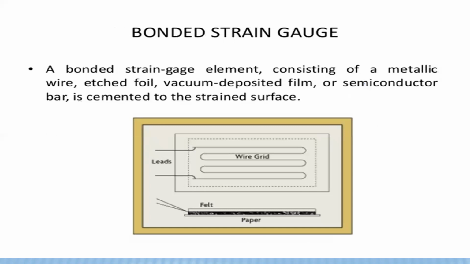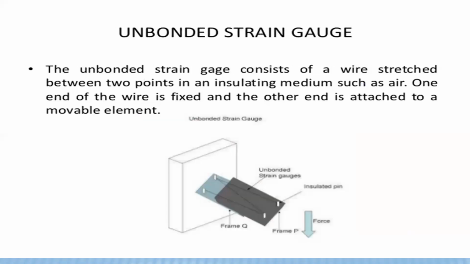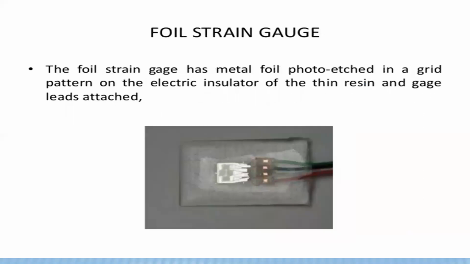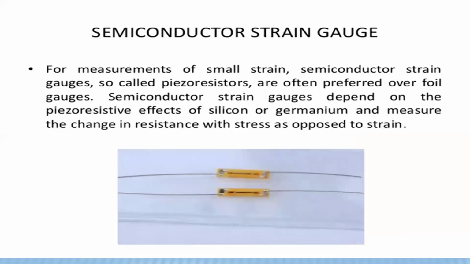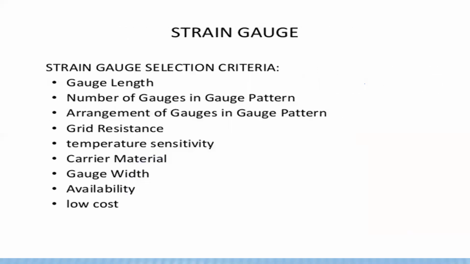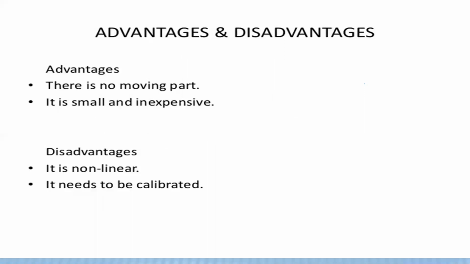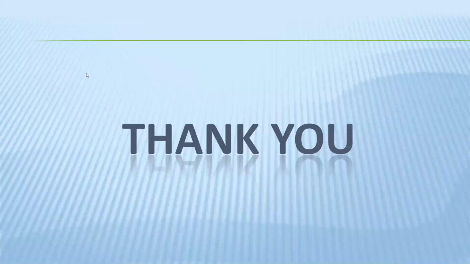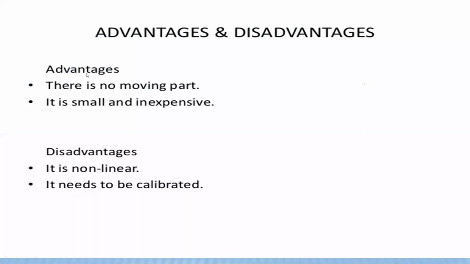Then bonded strain gauge, unbonded strain gauge, foil strain gauge, semiconductor strain gauge, photoelectric strain gauge. The selection of a strain gauge and the selection procedure, advantages, disadvantages, and applications of this strain gauge we can see in the next class.